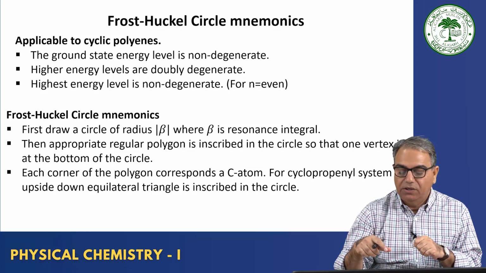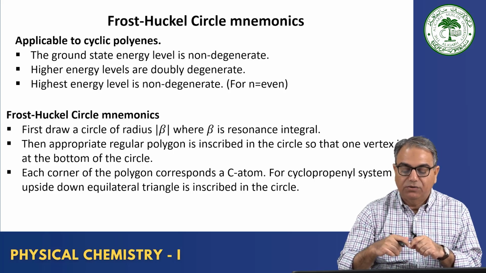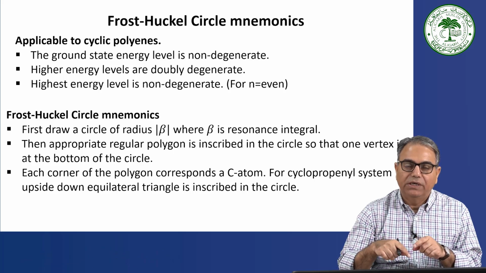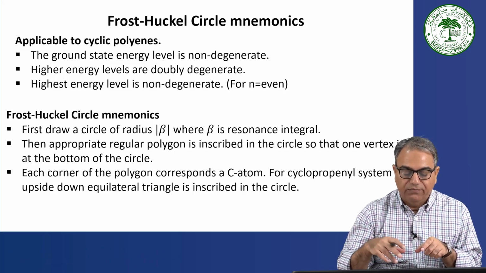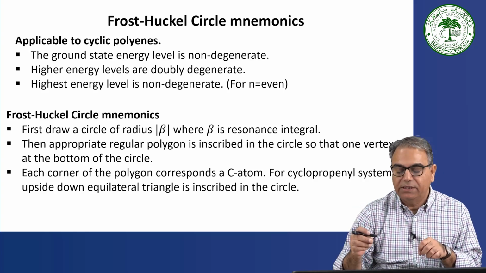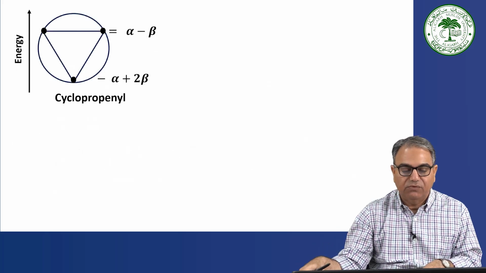Each corner of the polygon corresponds to a carbon atom. For the cyclopropenyl system, since one vertex has to be at the bottom, and you have 3 carbon atoms, you take an equilateral triangle, turn it upside down, and then inscribe it in the circle. That's the diagram here.